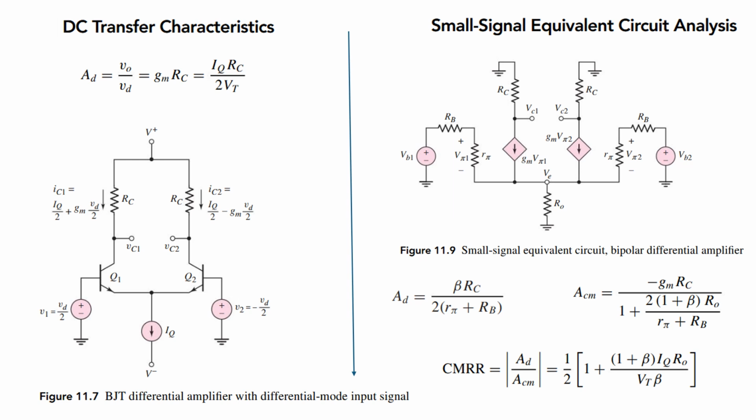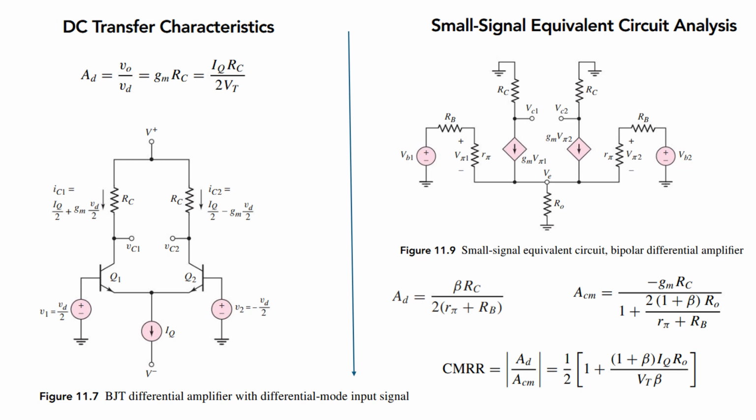Remember, AD is the gain when you are putting the differential mode input, so it depends on the value of the inputs you are giving. ACM is the gain, that is the amplification, when you give the same input across the two different base terminals.